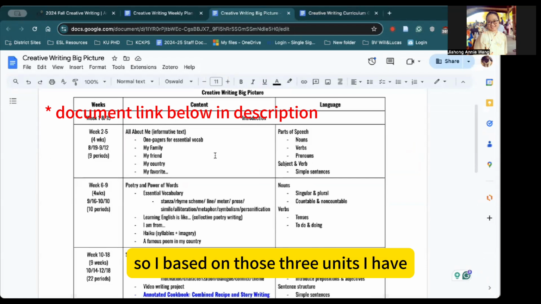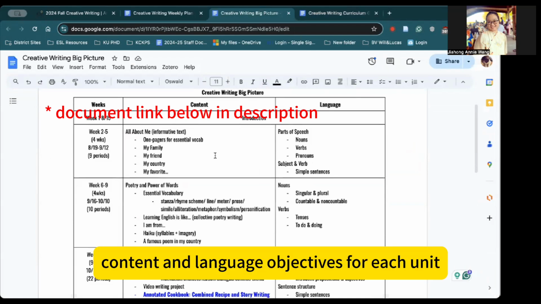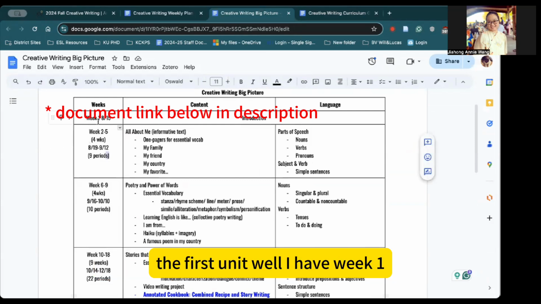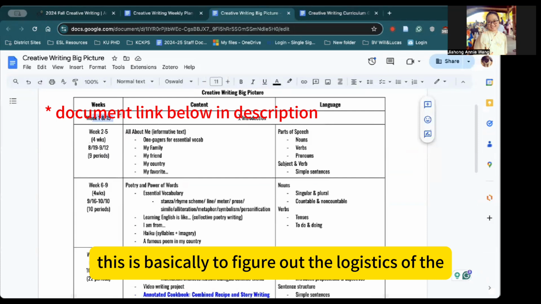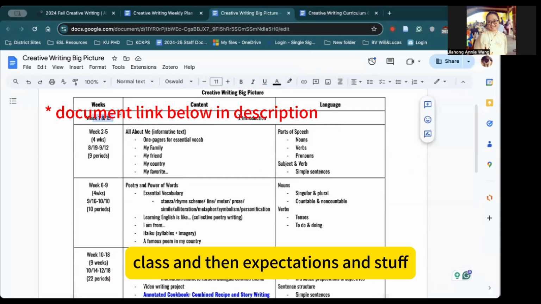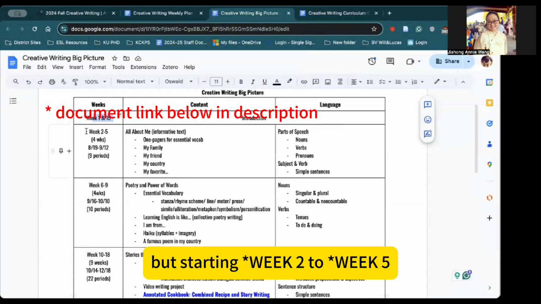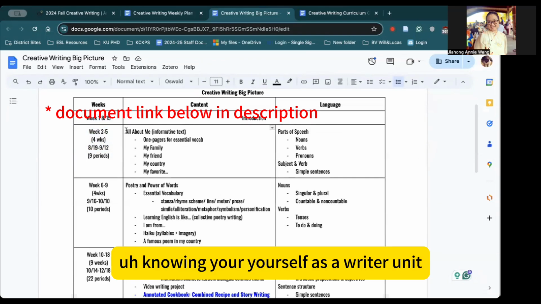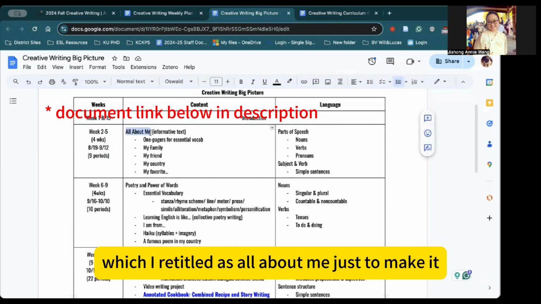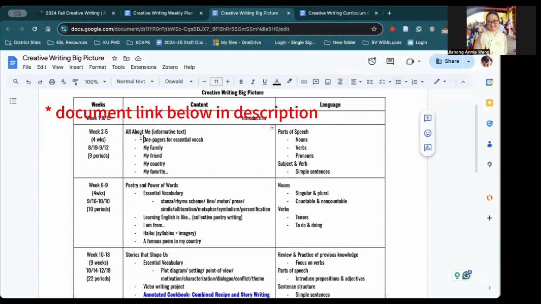Based on those 3 units, I have content and language objectives for each unit. The first unit, I have week 1, but it's a very short introduction. This is basically to figure out the logistics of the class and expectations. But starting unit 2 to unit 5, 9 class periods, I will talk about the knowing yourself as a writer unit, which I retitled as All About Me, just to make it easier for my students.